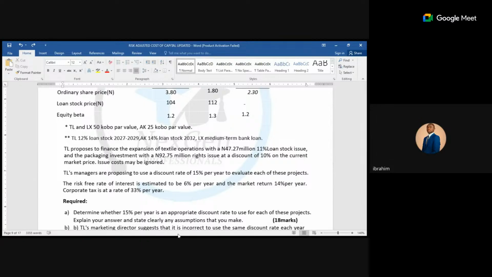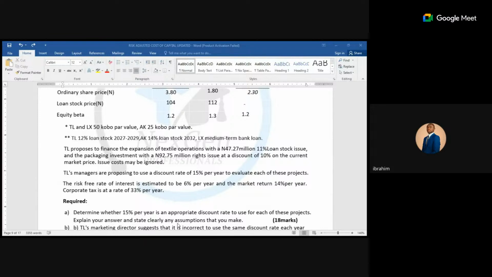So in order for you to determine if it is appropriate or not, class, you need to determine the project specific cost of capital, up to the weighted average. Then you compare with 15%. Is it appropriate? You now do your comment. You now explain. No, it is not appropriate because it does not include the business risk.